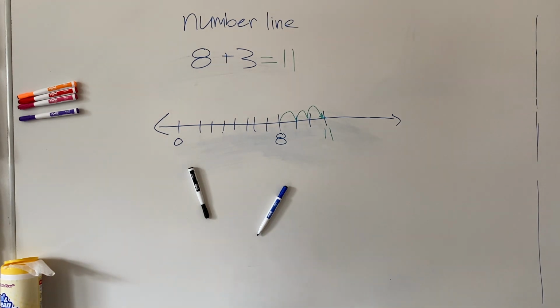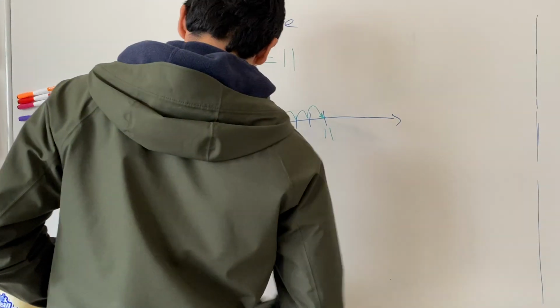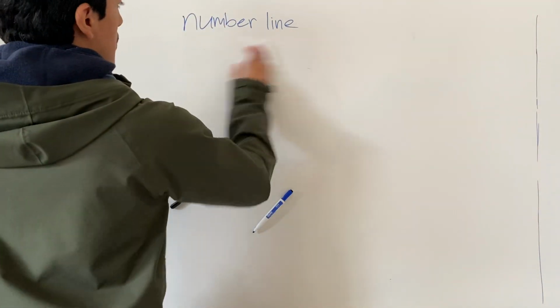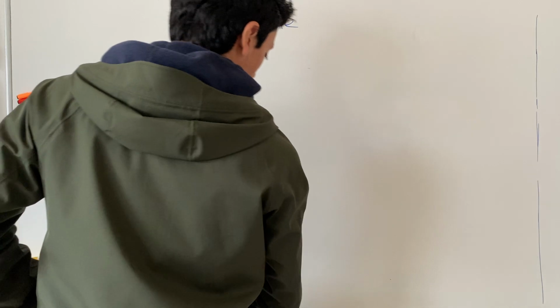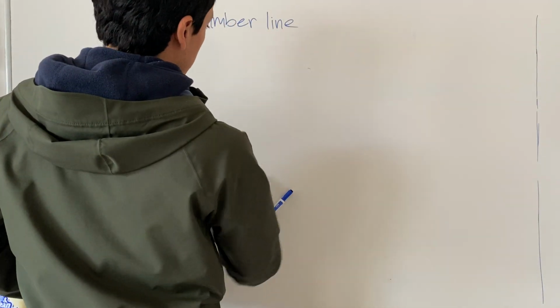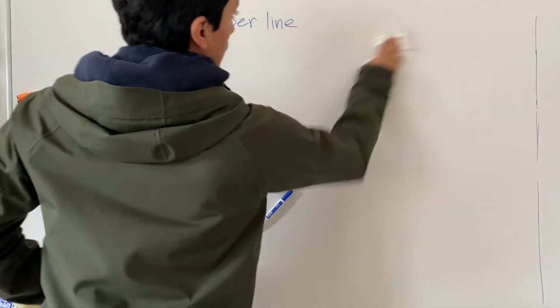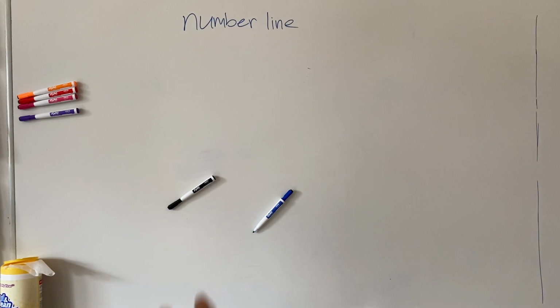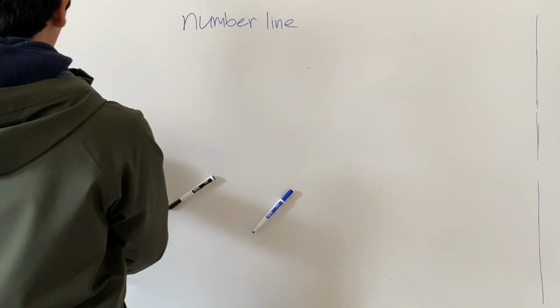Okay. Now, what if I have something like this? Let's say I have repeated numbers. Using a number line, again, we're going to keep using a number line.